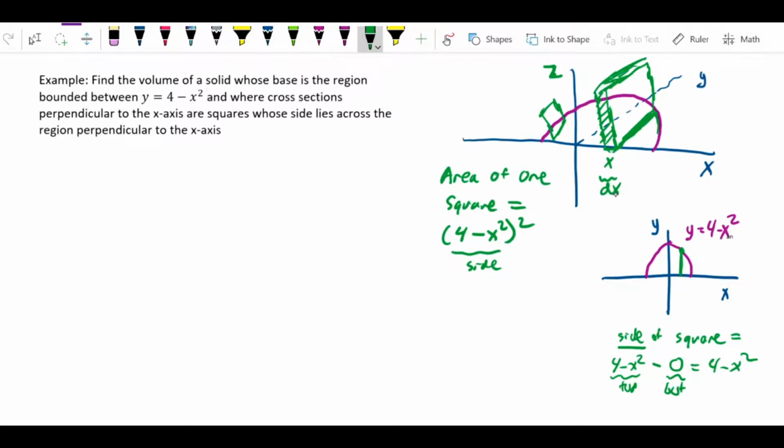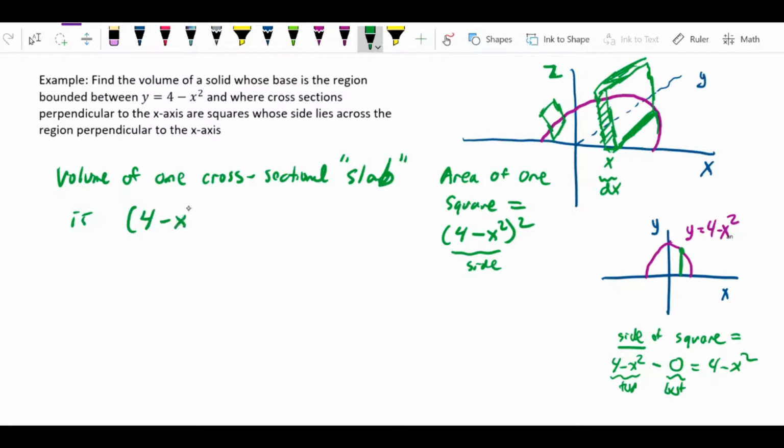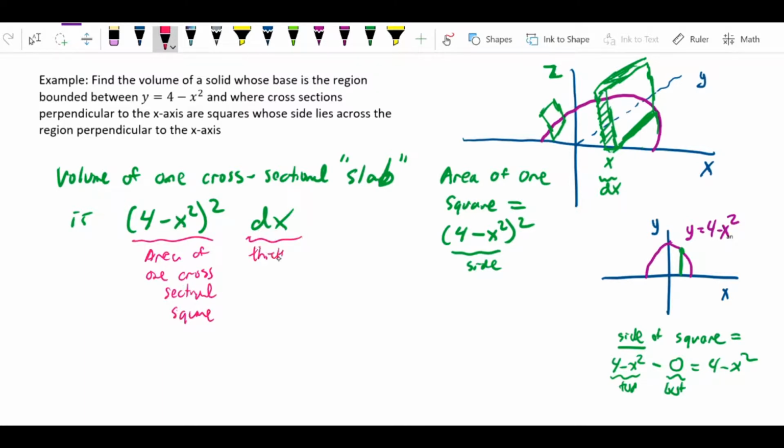So we can say that the volume of one cross-sectional slab, I'm going to call each of these a slab, is the area of a square times dx. So this is the area of one cross-sectional square, and this is the thickness of the slab.